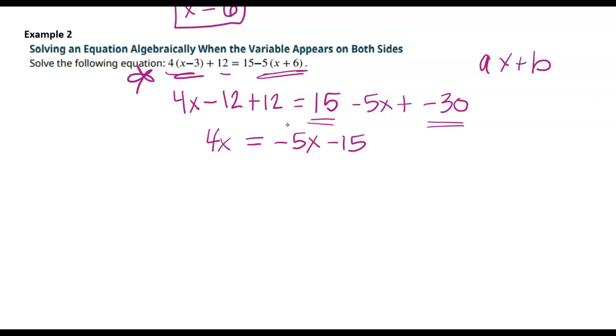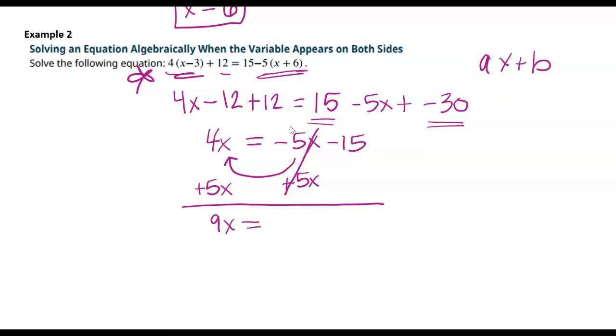I'm going to choose to move this x over here, again using inverse operations, adding 5x to both sides so that this side cancels. And I get 9x equals, and then my negative 15 stays on my right-hand side. I'm then going to divide both sides by 9 because the inverse operation of multiplication is division.